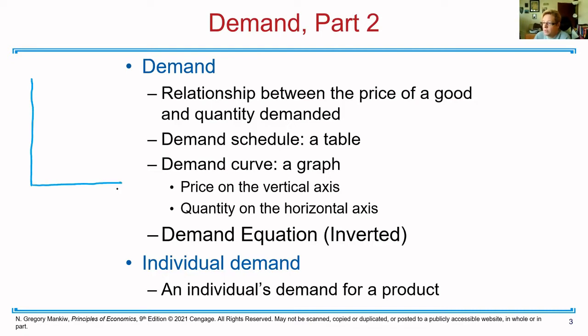And I'm going to, again, put quantity along the x-axis and price along the y-axis, and I'm here at 0, 0. I can tell you that a demand curve is going to look like this. This is going to be a demand curve. Why? Because of the law of demand.